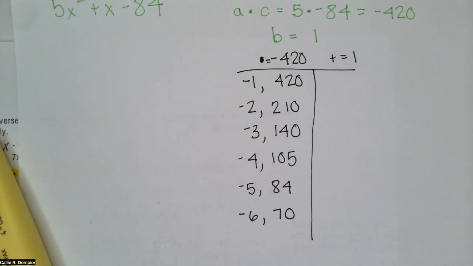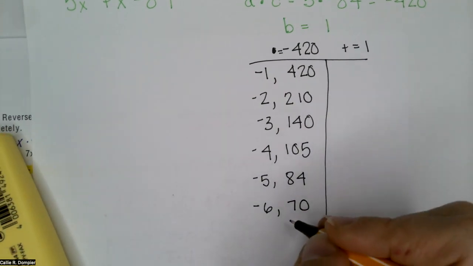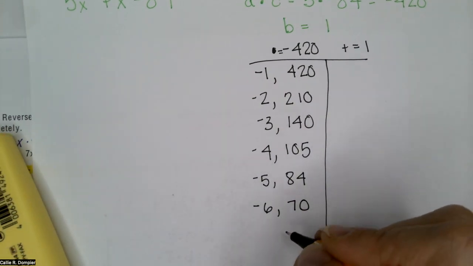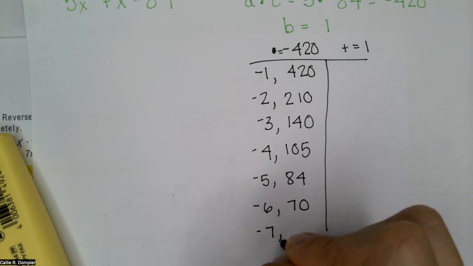So this part feels long, but then you're not guessing at the end, and you make fewer mistakes, I would say. 420 divided by 7 is 60.